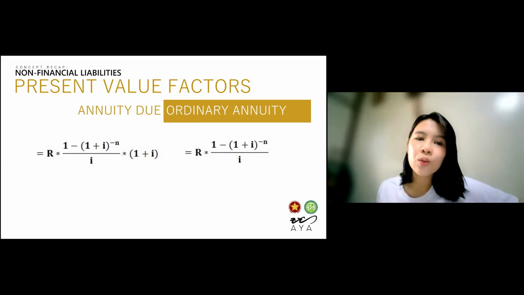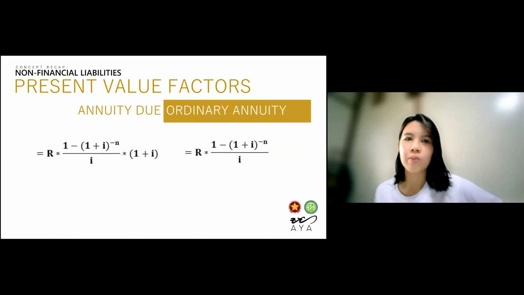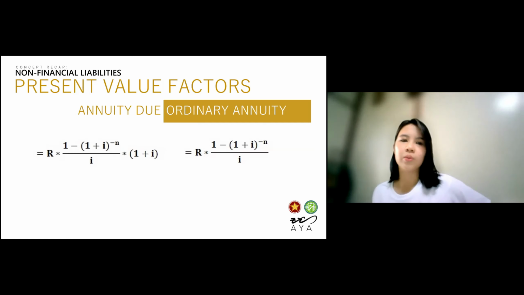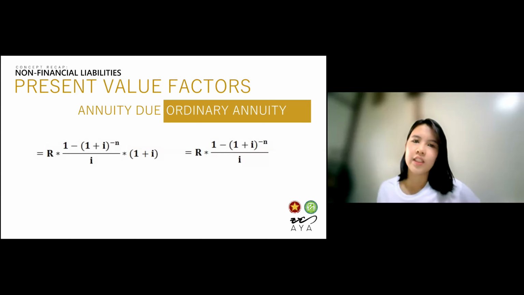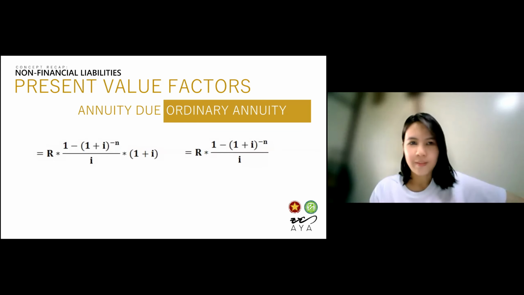The reason there's a 1 plus interest is because it's annuity due, so you pay at the beginning of the period. That's the rationale behind that. And for ordinary annuity, same, you just remove the 1 plus i. So far.